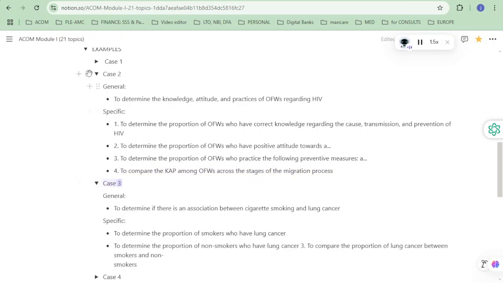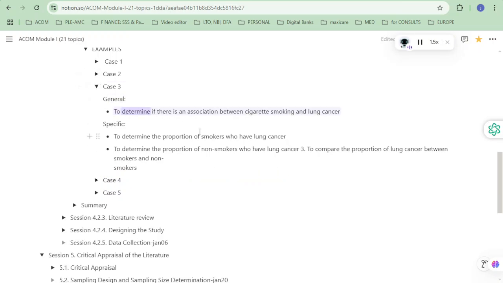Case 3. General: to determine if there is an association between cigarette smoking and lung cancer. Specific: to determine the proportion of smokers who have lung cancer; to determine the proportion of non-smokers who have lung cancer; to compare the proportion of lung cancer between smokers and non-smokers. Case 4.